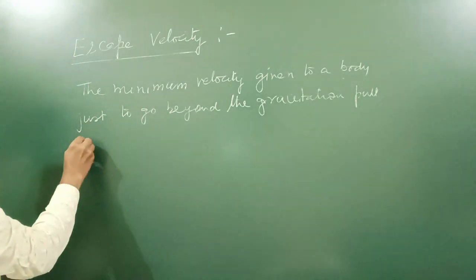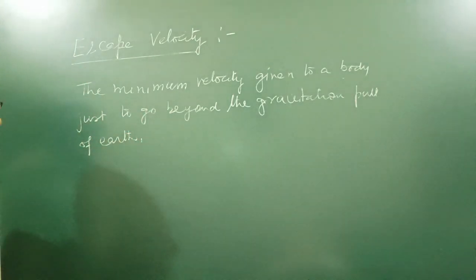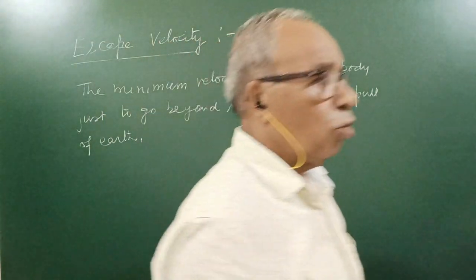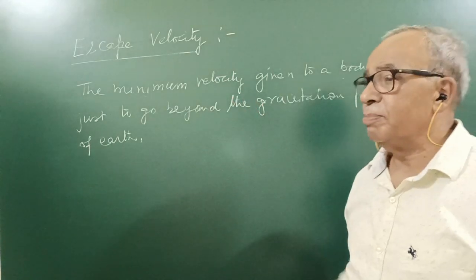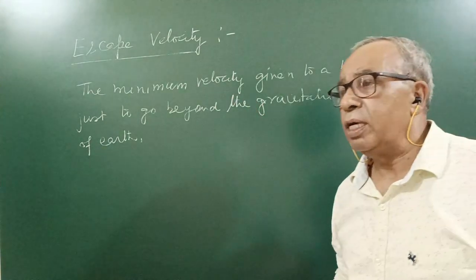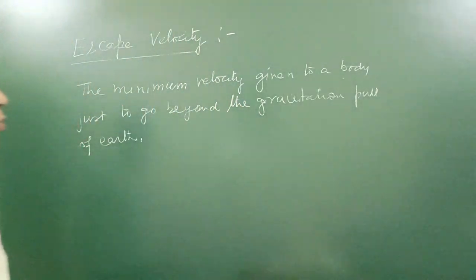Beyond the pull of Earth means the body goes beyond the pull and then comes to rest; then it is the minimum. If we give some more, then it will continue to move. Minimum velocity given to a body just to go beyond the gravitational pull of Earth.